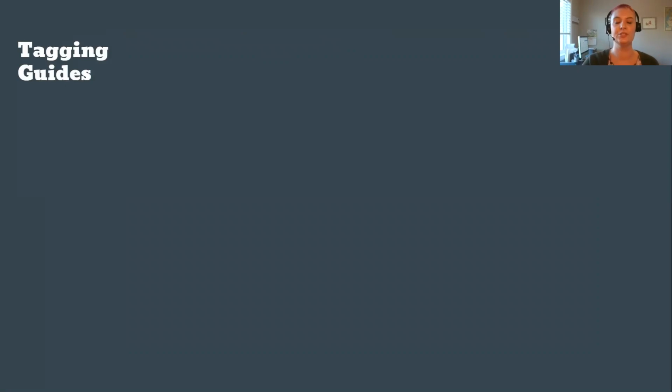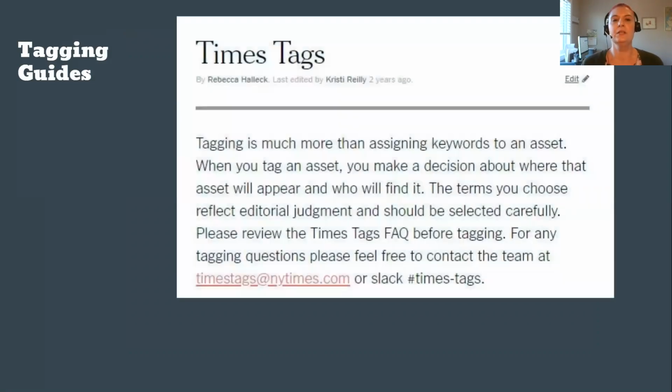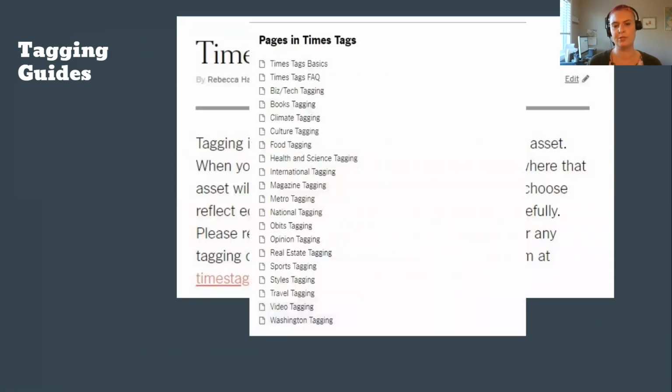So part of that is we have these tagging guidelines, and we basically have an internal tool that has guidelines for the newsroom, and we have a whole section on tagging. This is a resource that everyone gets after they go through a training session with me. They get ones based on just the basics, the FAQ, which is very in-depth and has all the information on tagging.